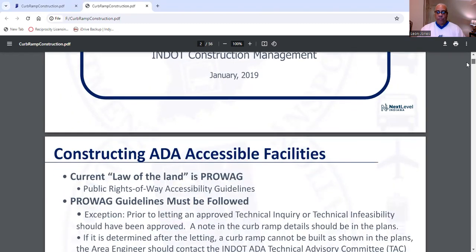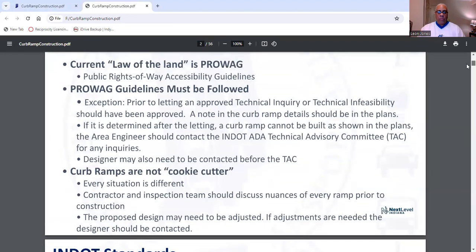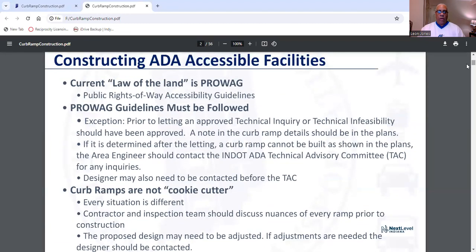First of all, we get down to constructing ADA accessible facilities. Now, also, when you have ADA ramps, you also have your ped poles. Your ped poles are about 42 inches high. That's so people in a wheelchair can reach the button on the ped pole in order to activate the light.